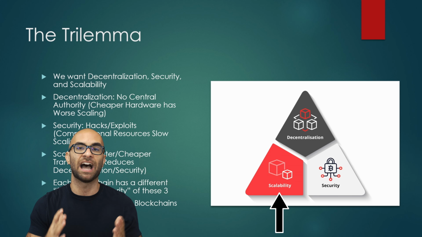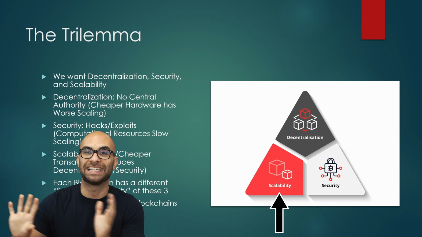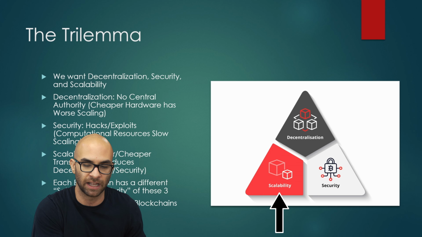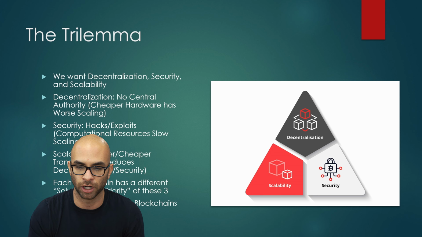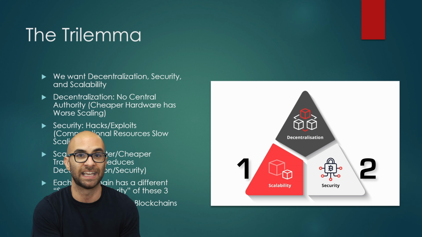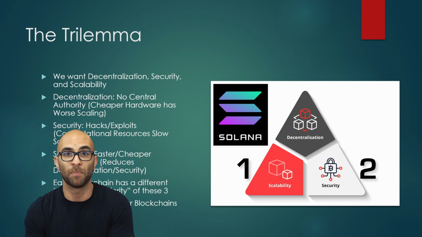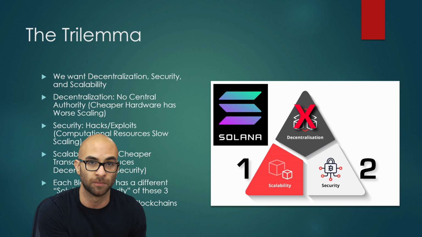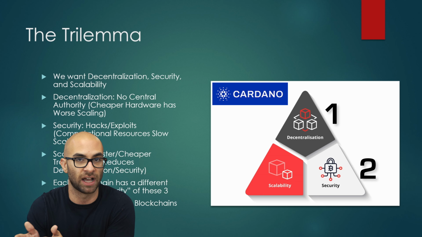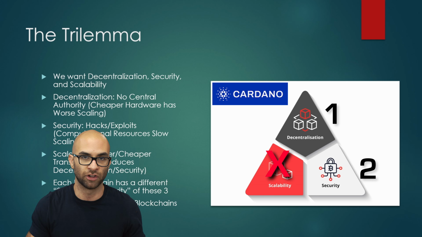And because of that, now all of a sudden you have to negate the other two aspects in order to really prioritize scaling. So a lot of times blockchains out there will focus on 2 out of the 3. They might be super fast and secure, such as Solana, but in return, they might give up on some decentralization. Or you might have something like Cardano that's very decentralized and secure, but it's not nearly as scalable.